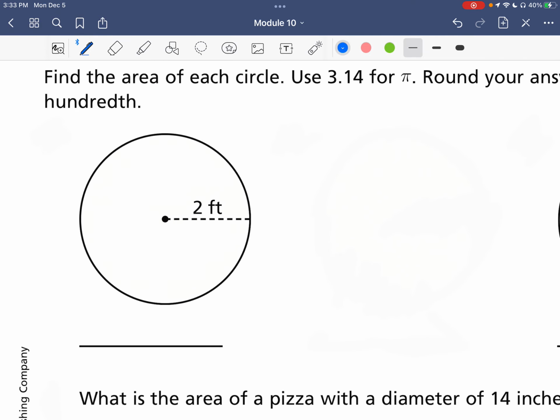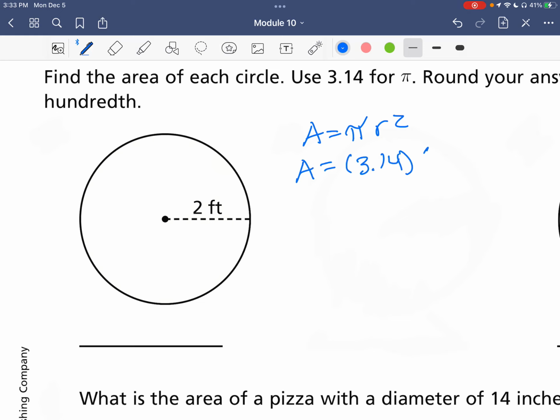All right, so we have our first problem here. We have a radius of 2, so we're going to start by writing our formula. Area A equals pi r squared. We're going to plug in what we know. We're going to use 3.14 for pi and 2 squared. Okay, be very careful of your decimal.